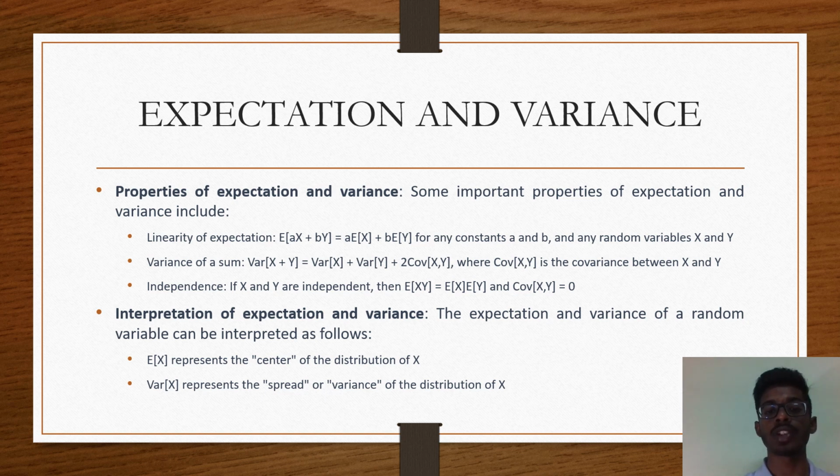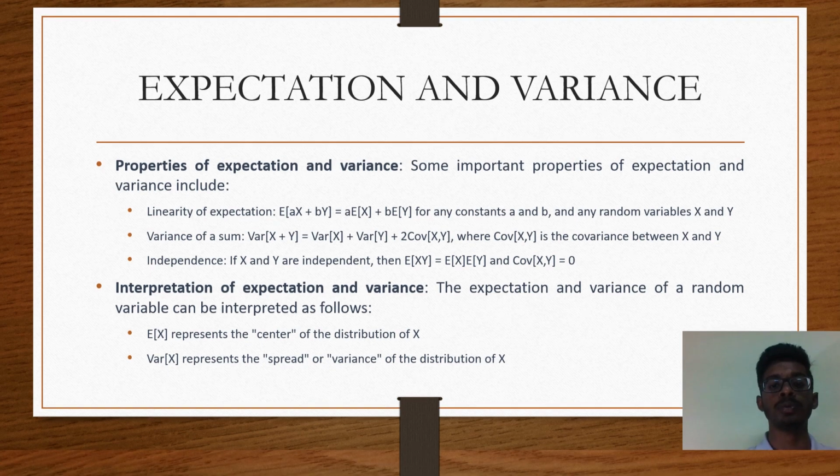The interpretation of expectation and variance: expectation of X represents the center of the distribution of X. Variance of X represents the spread of the distribution of X. It means generally expectation refers to the mean value. It is nothing but a central tendency value. Variance of X, which is the square of the standard deviation of X, represents the spread of the distribution of X.